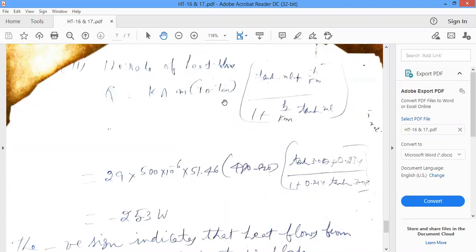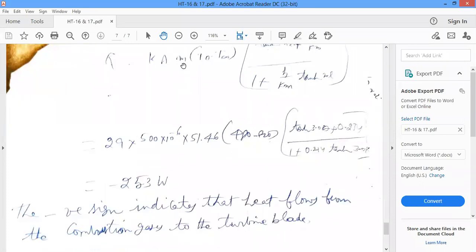So either of the equations can be used. Any one equation can be used. Here if you use Q is equal to kAm, because all are available: area available, k available, ml available.